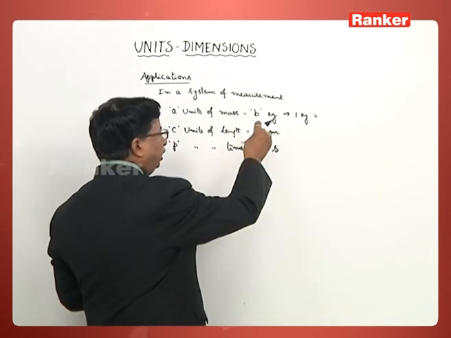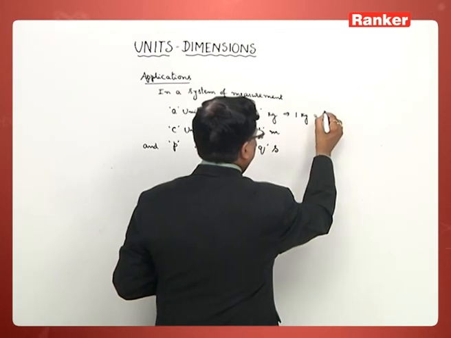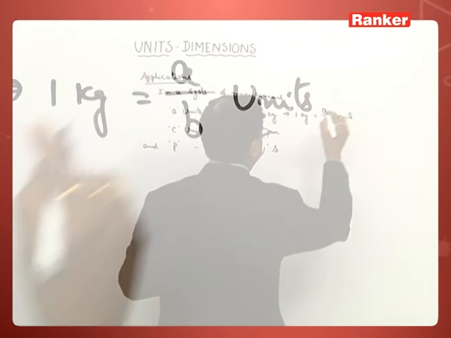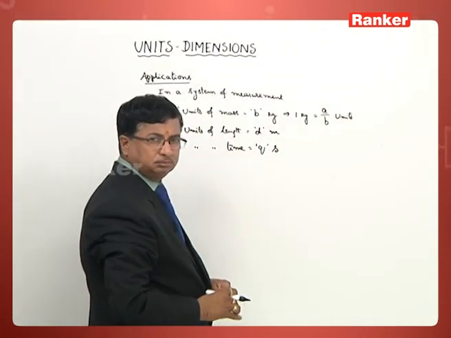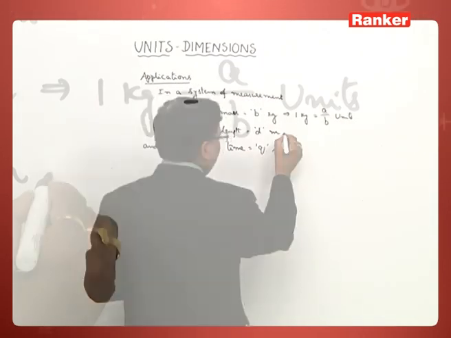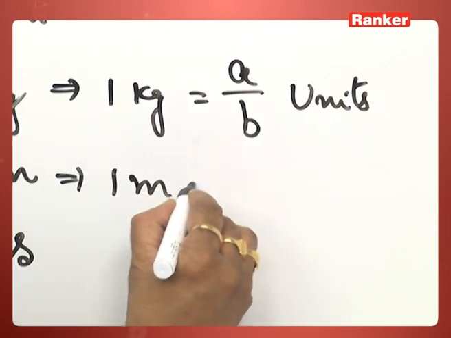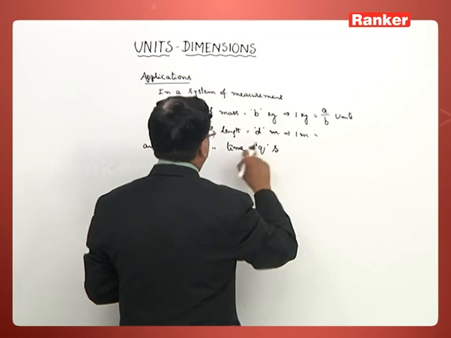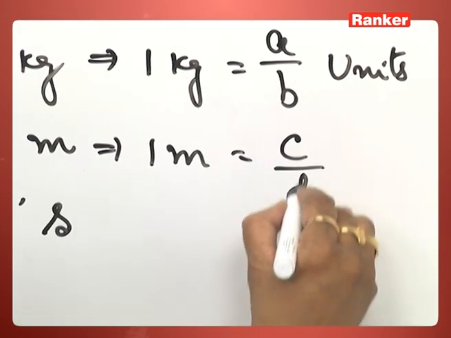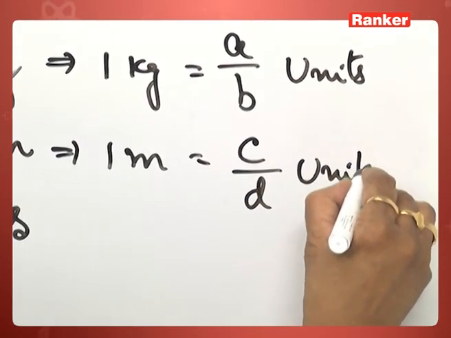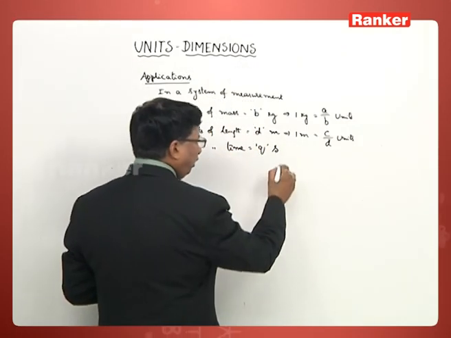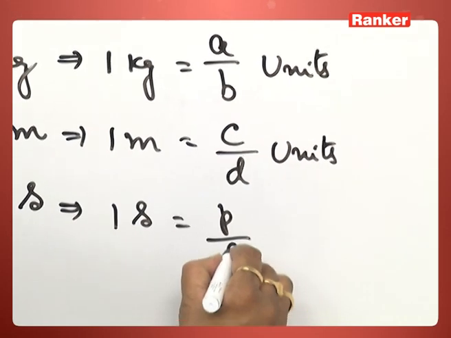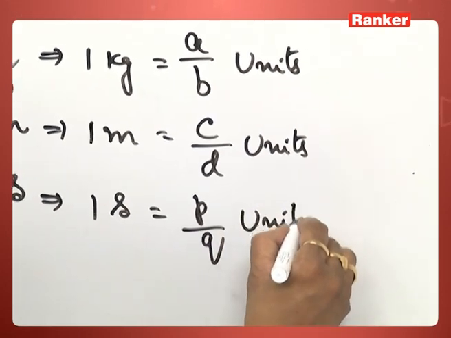Then the value of 1 kilogram is A by B units. Similarly, C units of length is d meter, so 1 meter is C by d units. Exactly on the same lines, 1 second is equal to P by Q units.